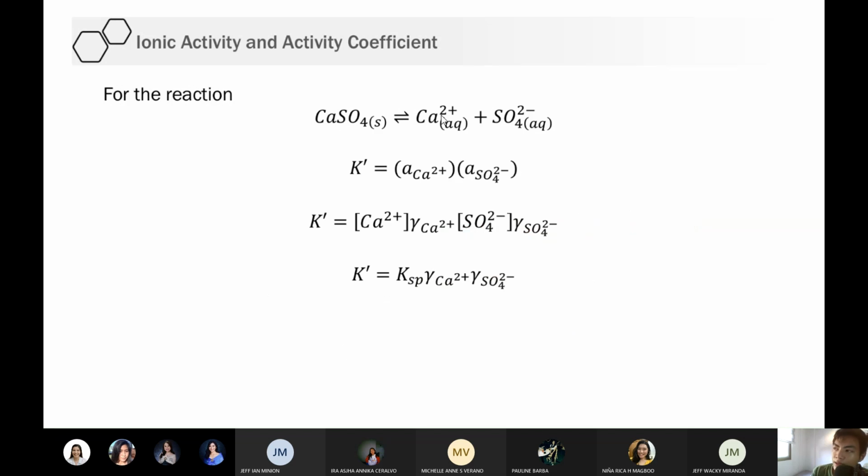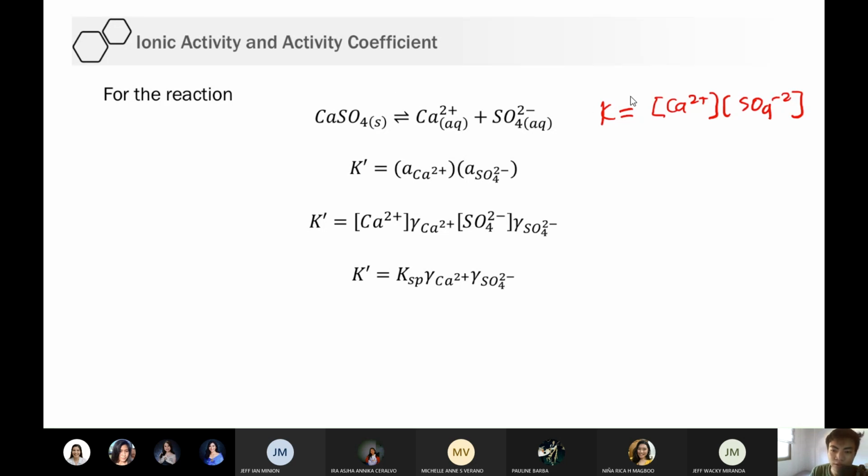So suppose we have this reaction here. This is the dissolution of calcium sulfate into ions. The former way of writing the equilibrium constant is just this. So that is just the concentration of the products, nothing on the reactant because the reactant is solid.